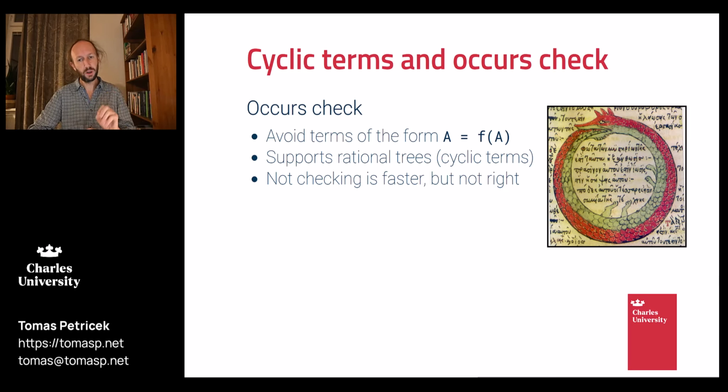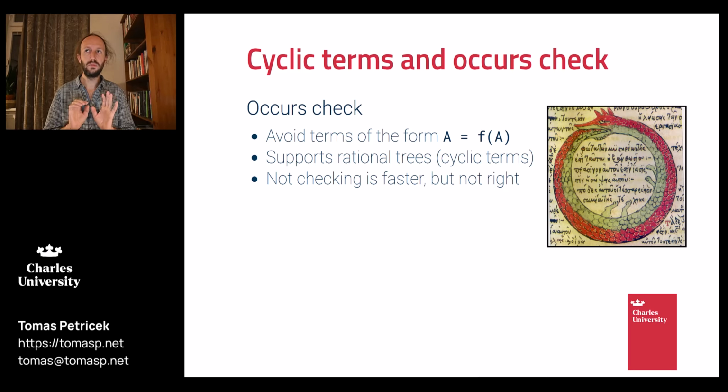So in Prolog, you can actually define a variable A that is f of A. There's an option to enable occurs check. That's what we implemented in TinyML. And if you turn this on, then a term like this will be rejected.